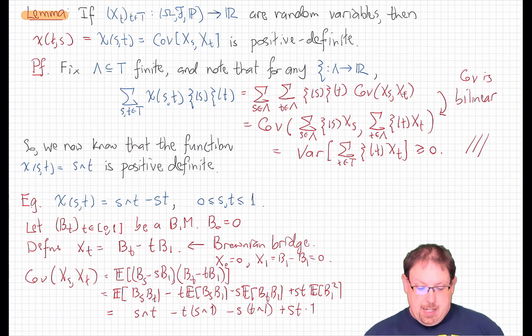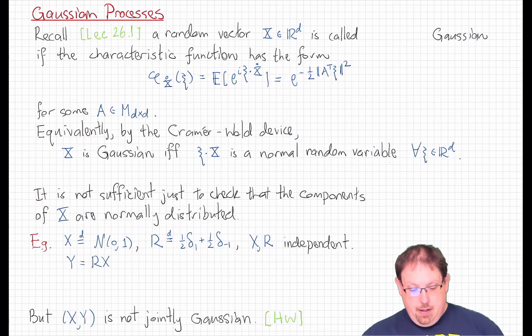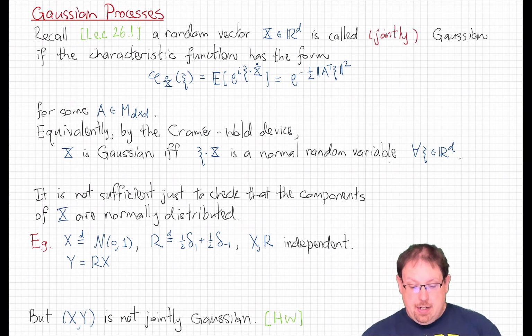Now in both these cases, we have a covariance not just of any stochastic process, but of a Gaussian process. Let's remind ourselves a little bit about Gaussian random vectors. Way back in lecture 26, we talked about them in the context of the multivariate central limit theorem. A vector in R^d is called a Gaussian vector, or if we want to be more pedantic, a jointly Gaussian vector, if, well, one way to state it is that its characteristic function has the following form.